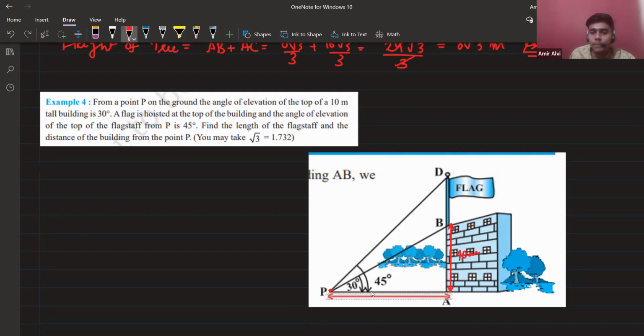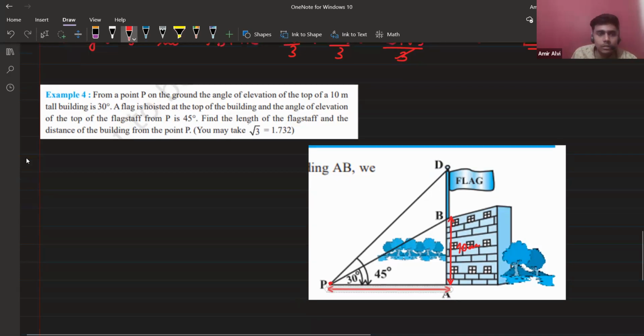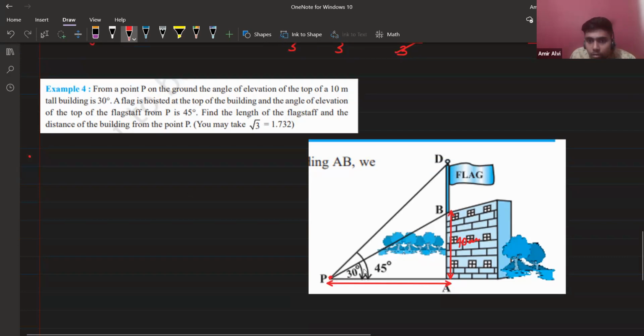Since 10 meter is given, we can use triangle BAP, tan 30. Angle P is given.